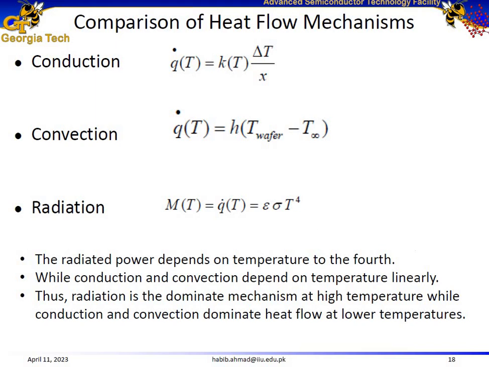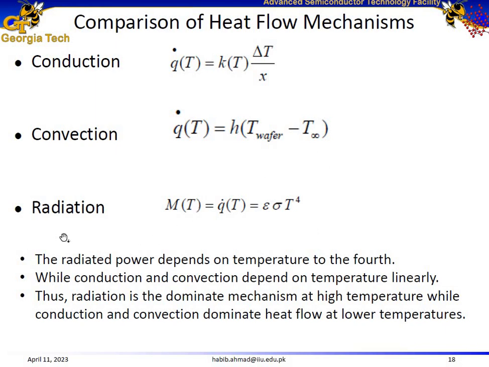In this slide, I have given a comparison of the formulas of different heat flow mechanisms. The first one is conduction, and the heat flow per unit area in conduction is linearly proportional to the change in temperature. Similarly, in convection, once again, the heat flow per unit area is linearly proportional to the change in temperature.